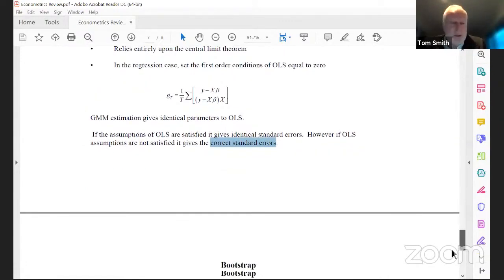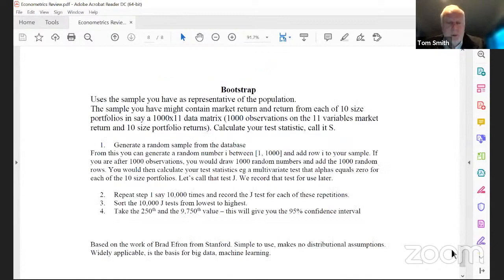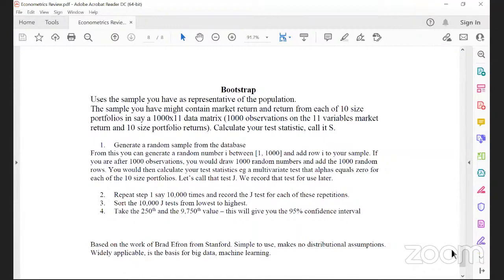Here, the same as GMM, you say, well, look, I really don't know what the distribution of the population is. But I do have the sample, and I'm going to take the sample as representative of the population. So, for example, in my world, I'd be looking at market returns, say returns from 10 different decile portfolios.